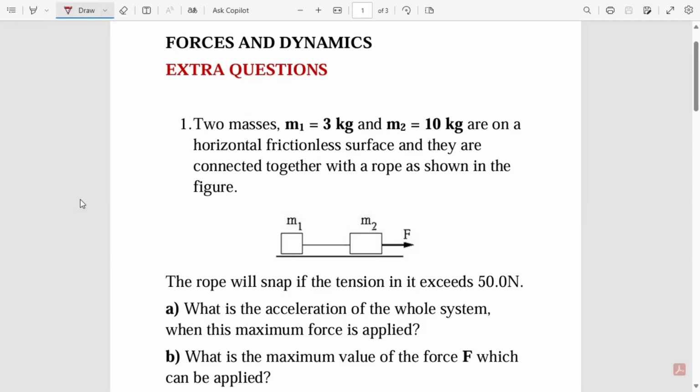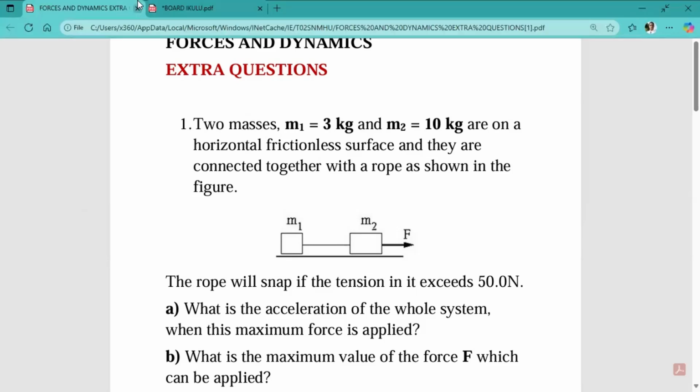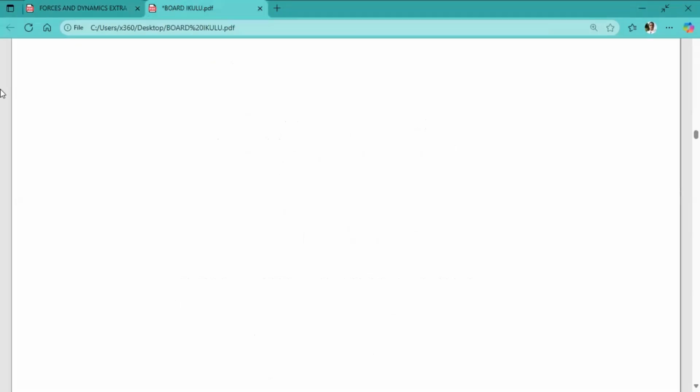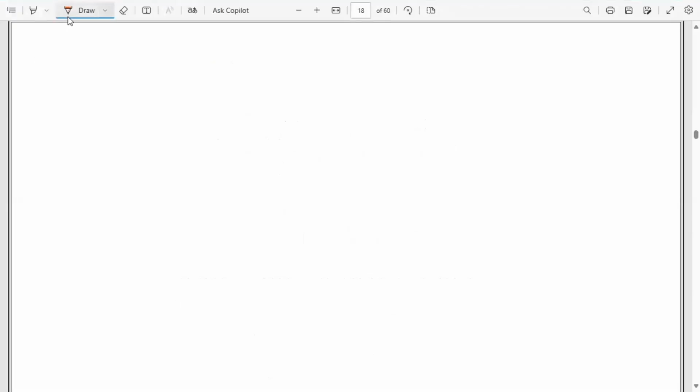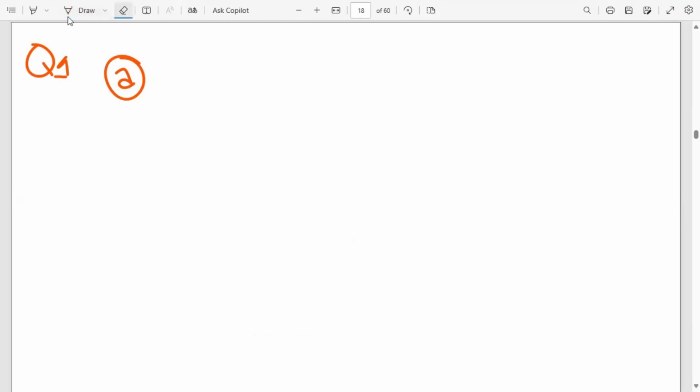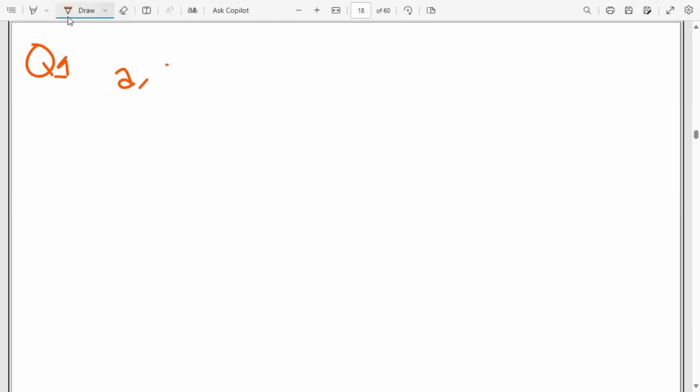We're going to say what will be the acceleration if the tension in the string is equal to 50 newtons. That is question one, and we should calculate acceleration if tension is equal to 50 newtons.